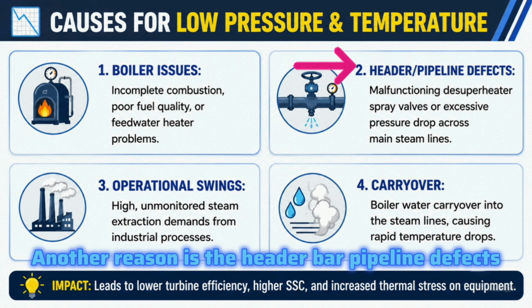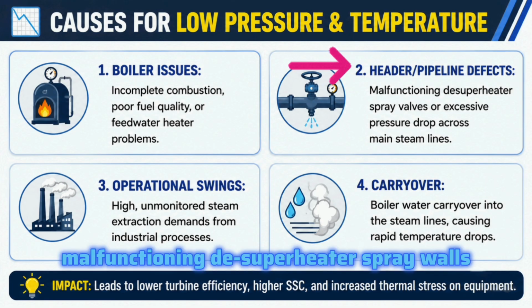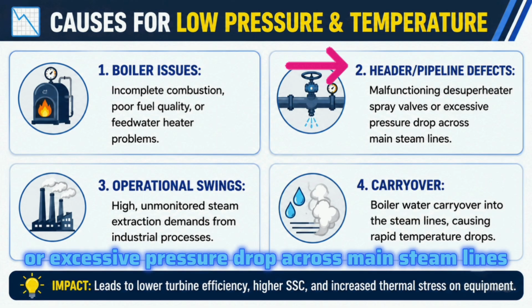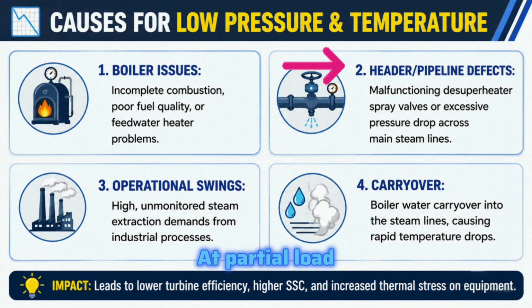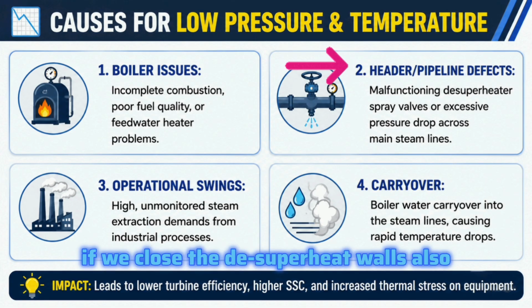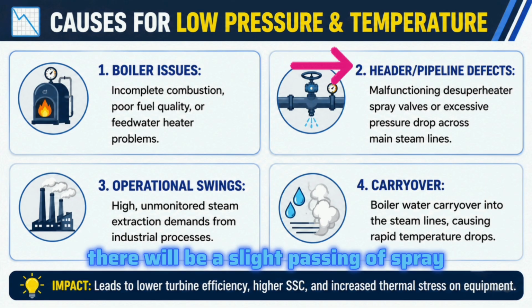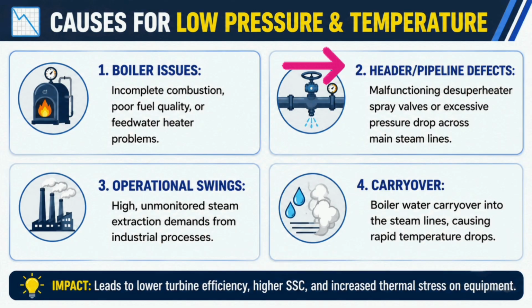Another reason is header or pipeline defects, malfunctioning de-superheater spray valves, or excessive pressure drop across main steam lines. At partial load, even if we close the de-superheater valves, there can be a slight passing of spray. What happens?